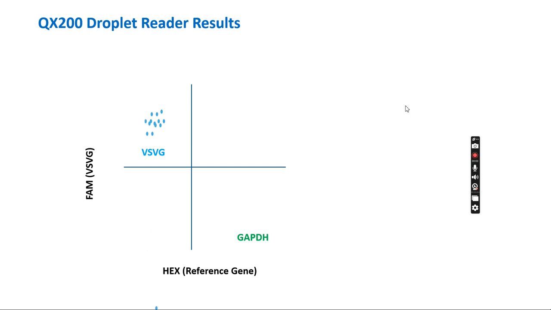And if everything goes fine, that would be your tentative results from the QX200 reader, using QX Manager software. And you see that on my x-axis, it's the HEX channel, or HEX-based result I should see. And on my y-axis, it's FAM, so VSVG.